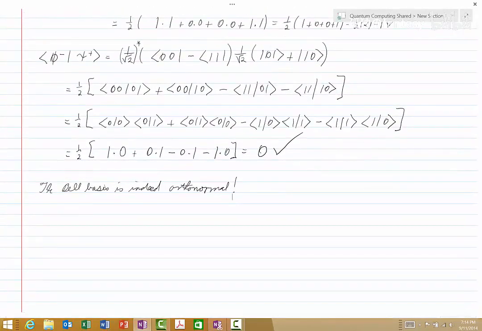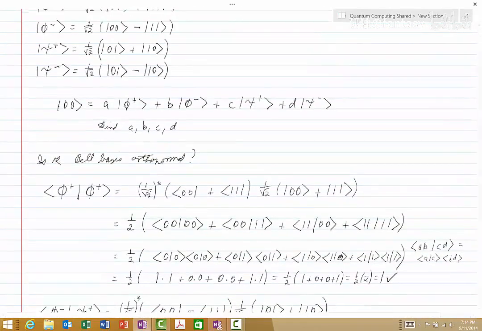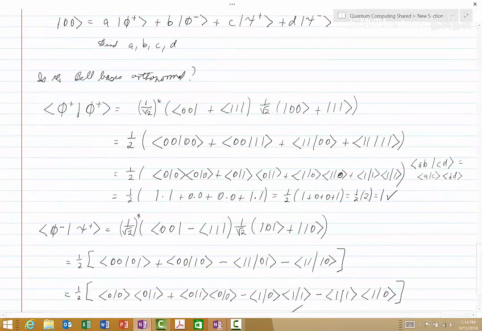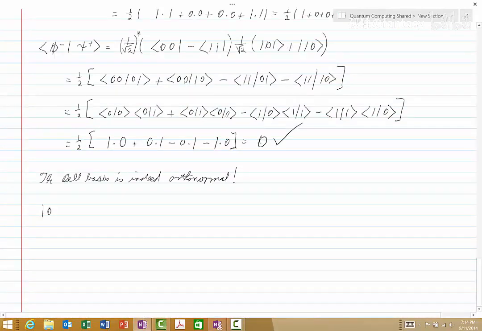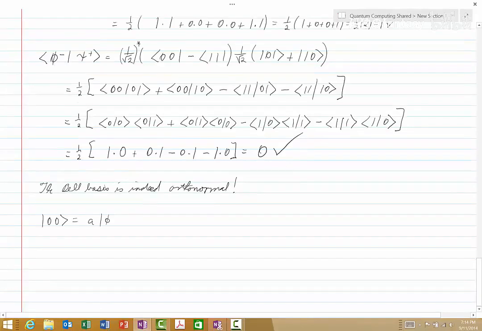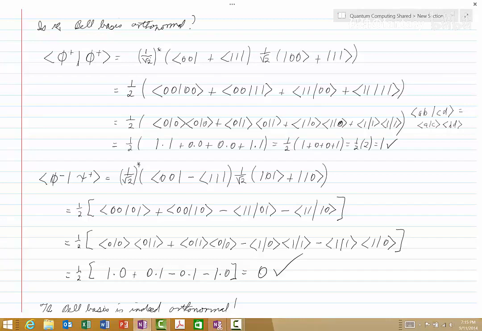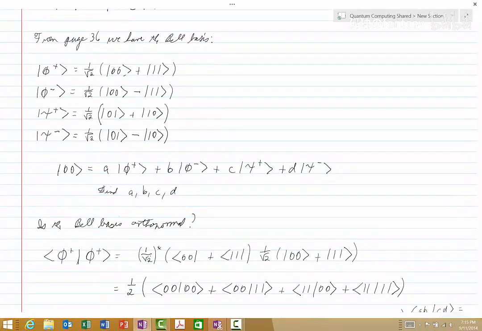So now that we know that the Bell basis is orthonormal, we can go back to our original problem, which was to express 0, 0 in terms of the Bell basis. So again, we had 0, 0 is equal to A times phi plus plus B times phi minus plus C times psi plus plus D times psi minus, just as we had right here.